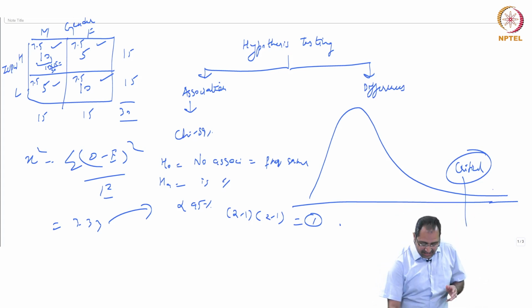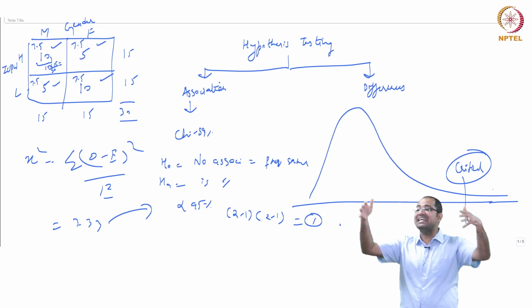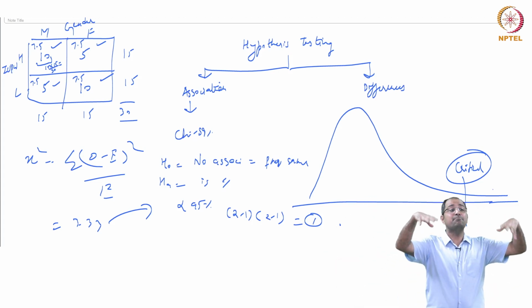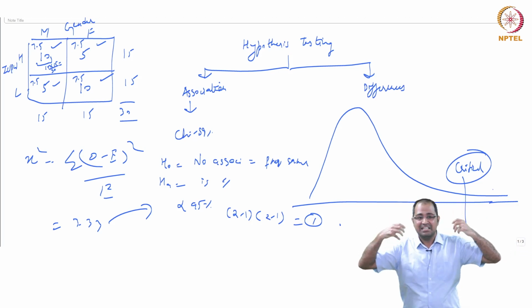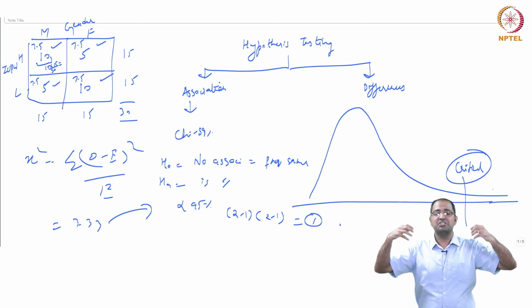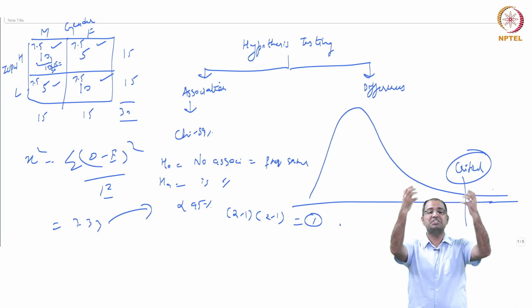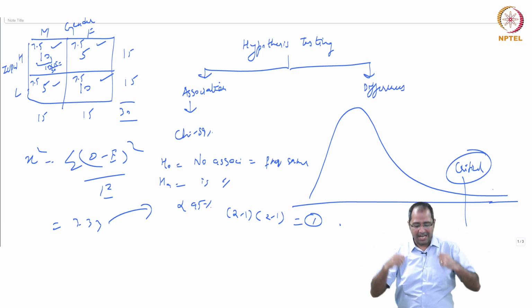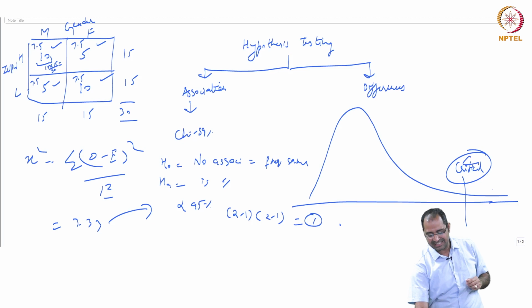So the idea is, if in the population there is really no difference, there is a huge chance that you would have picked up a sample where the chi-square value would have been less than the critical value.